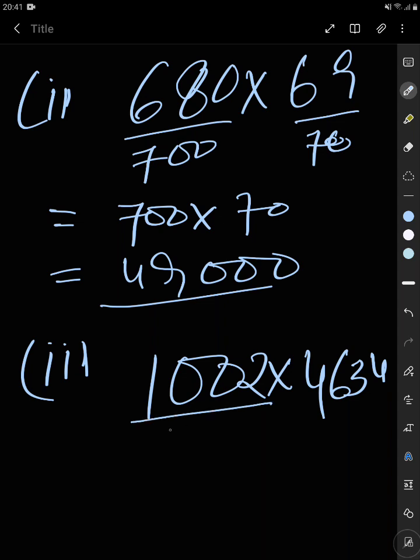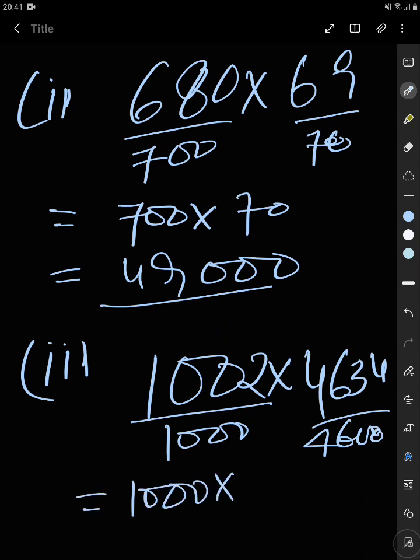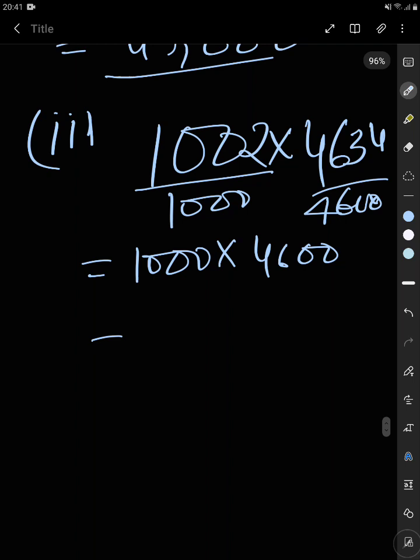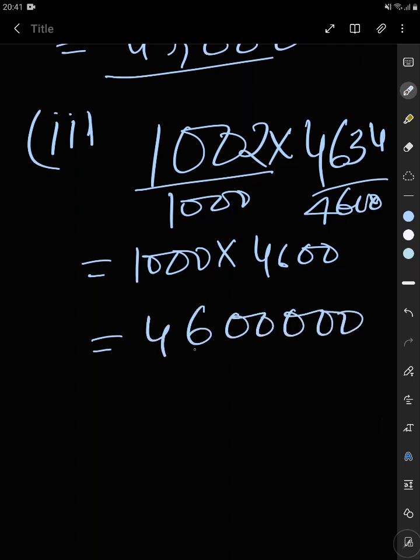As we know, this is close to 1000 and this is close to 4600. So just write 1000 multiplied by 4600, and the answer here is 4,600,000.